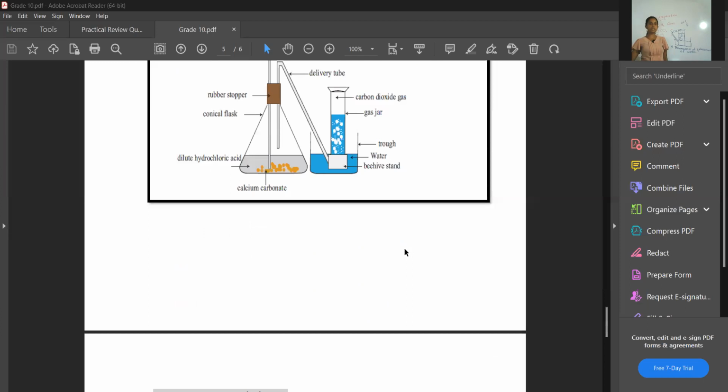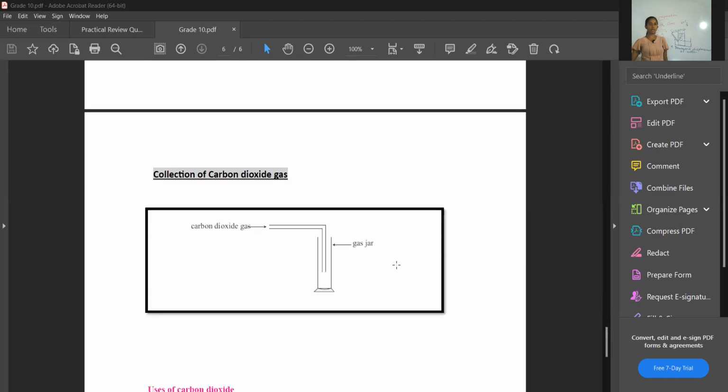And there is a special thing here that you have to remember. I told you, carbon dioxide is denser than air. If it is denser than air, in the normal atmosphere it goes down. So we can use this method to collect carbon dioxide gas.